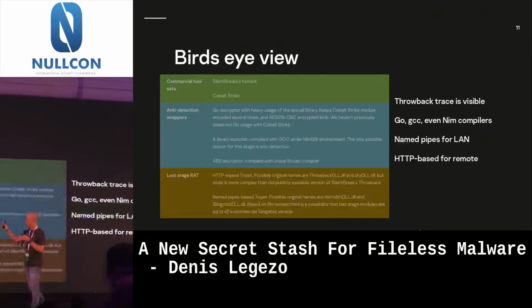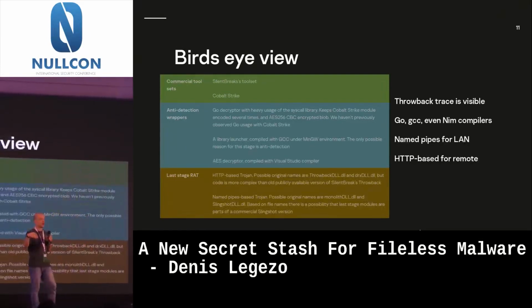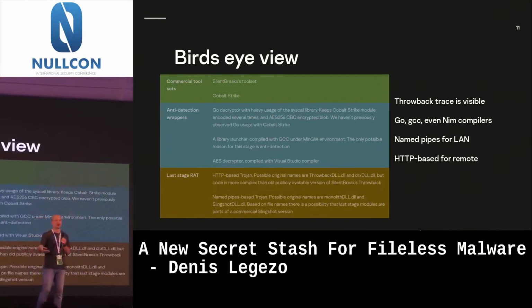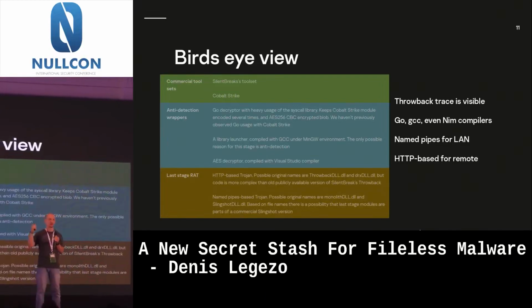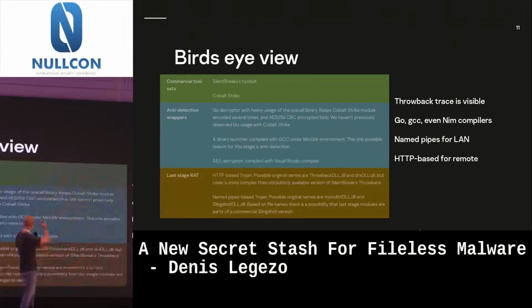And we see this throwback.dll, with the same encryption algorithm used in the modules during this campaign. So I'm quite sure we are looking at code from guys who got access to the same source code. That's why I could think about SilentBreak.